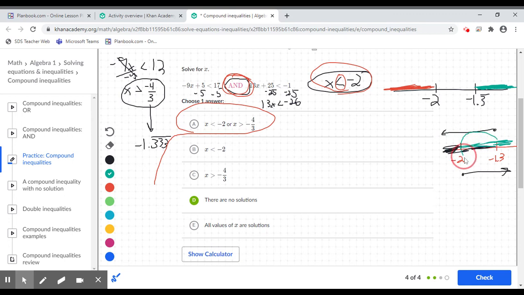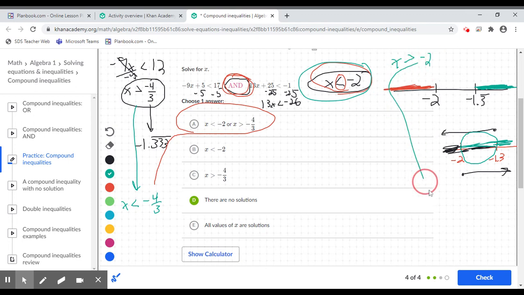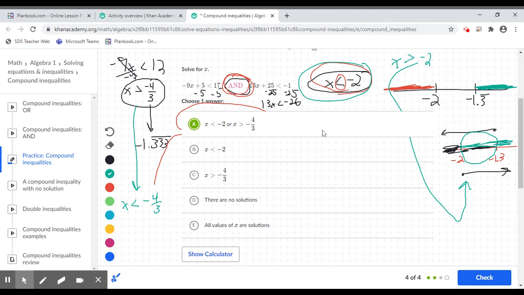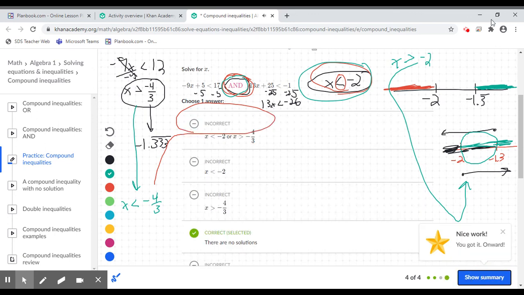The overlap is in between these two. If this one had been pointing the other direction, and this one had been pointing the other direction, we'd be talking about this situation right here, and we would answer letter A, because the word and means where do they overlap. But in this situation, again, there are no solutions.